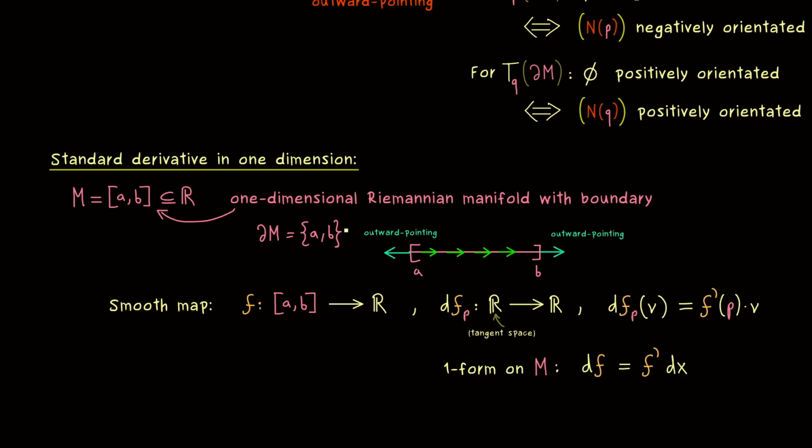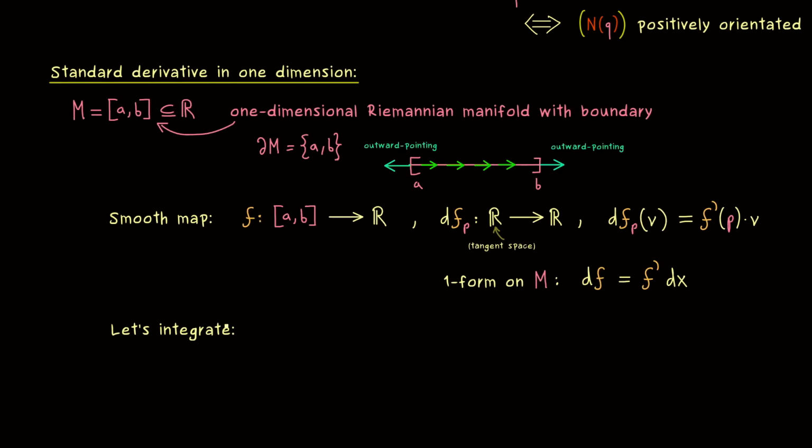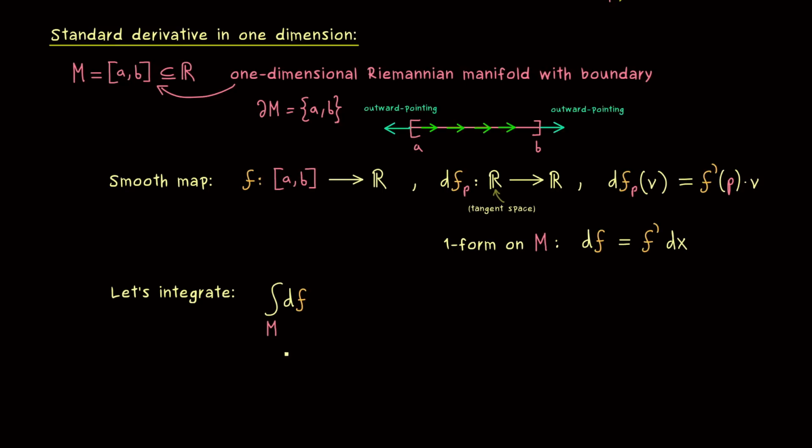This is quite clear because a nice chart for this manifold is just the identity map anyway. So the result here is that we immediately have a one form and we can integrate it. And please note, for the integration over the manifold M, it does not matter if we include the boundary points or exclude them. In other words, we could also say that we have a manifold without boundary where we can use all the results of the integration from before.